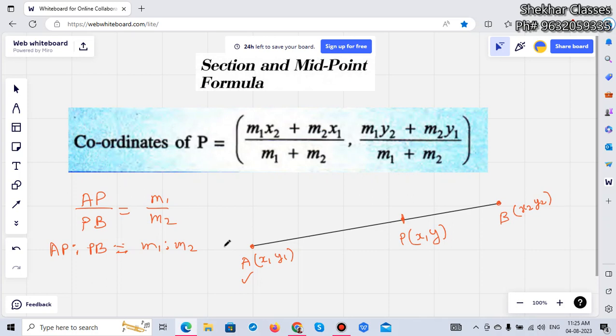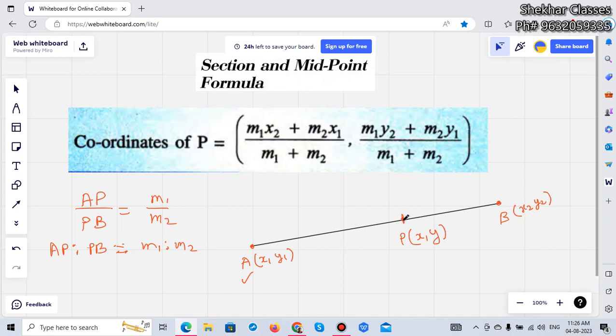Section and midpoint formula. To understand this, let's take an example. Let there be a line segment AB. AB has a coordinate value x1 and y1, and B has a coordinate value x2 and y2, given to you.